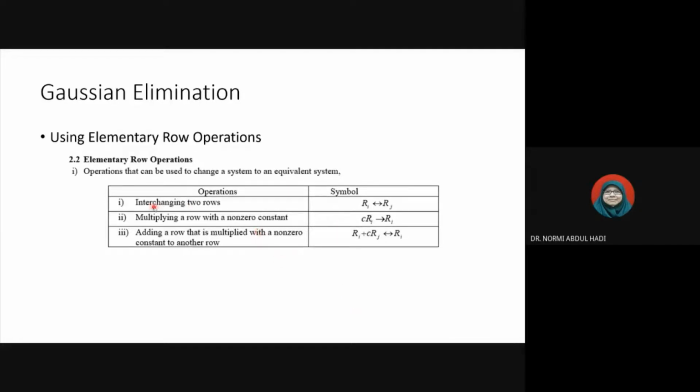The first one is interchanging two rows. The second one is multiplying a row by a non-zero constant. And the last one is adding a row multiplied by a non-zero constant to another row. Consider these two examples.